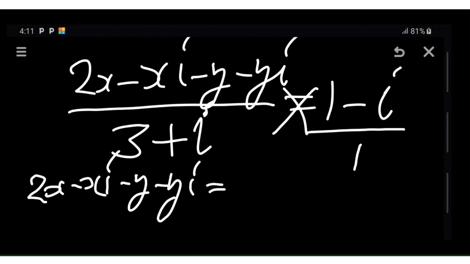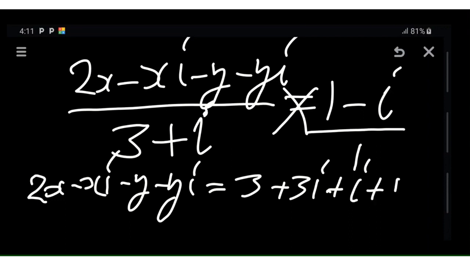Then you multiply this. 3 times 3 is 3, 3 times i plus 3i. i times 1 is plus i. i times negative i is plus 1. Plus 1. You get that?